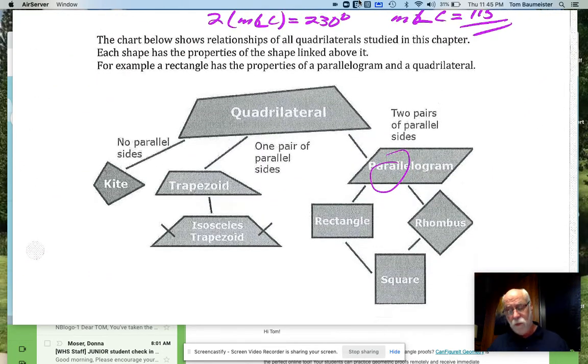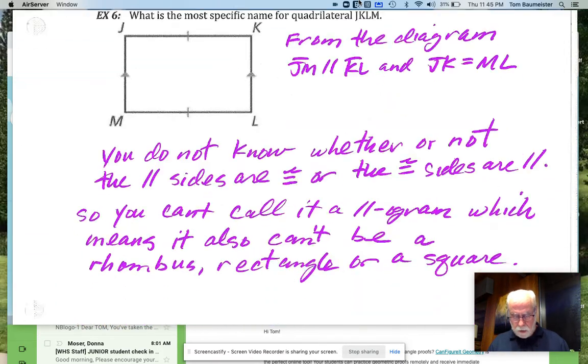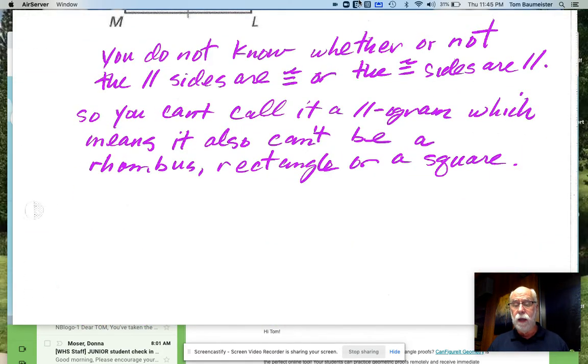And if it's a trapezoid, it could be an isosceles trapezoid. So let's see, what can we say about that?